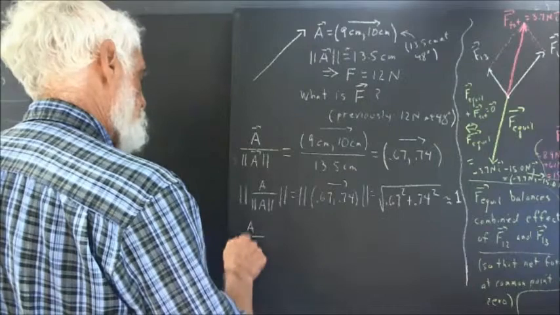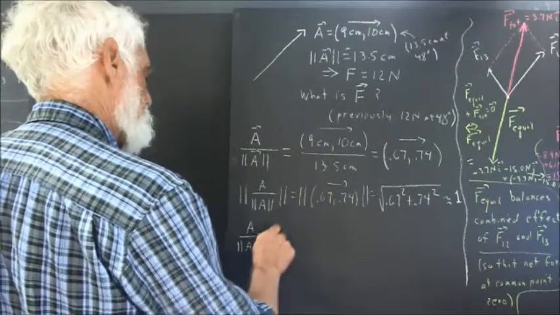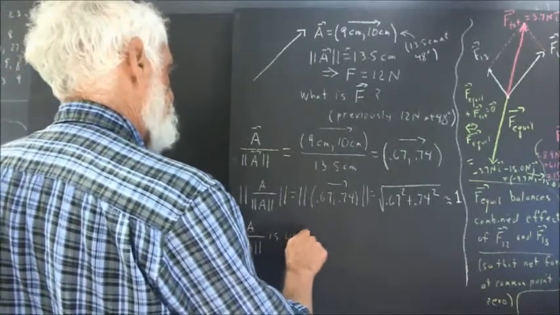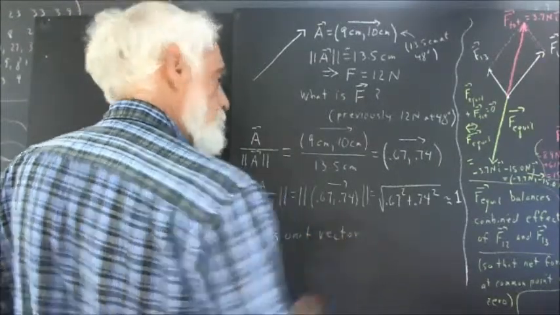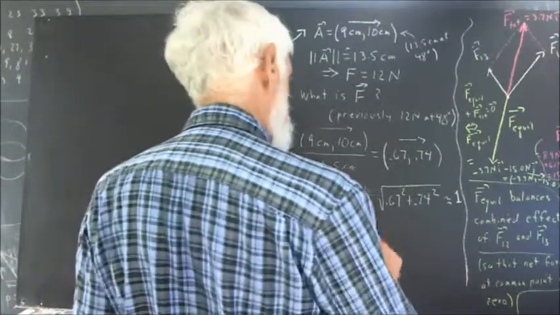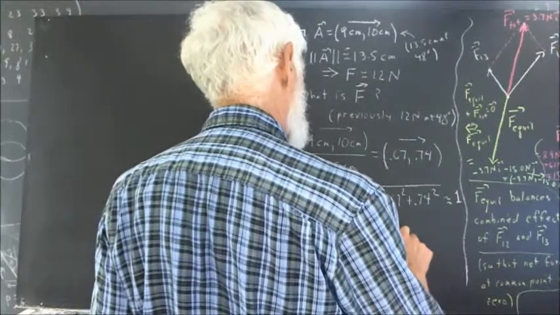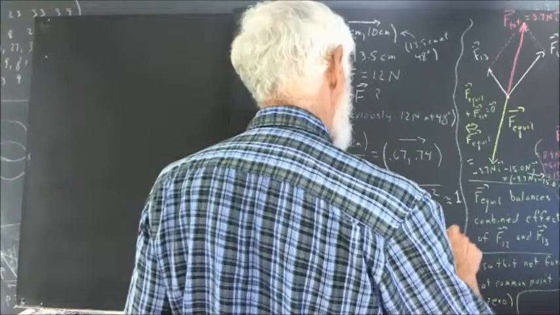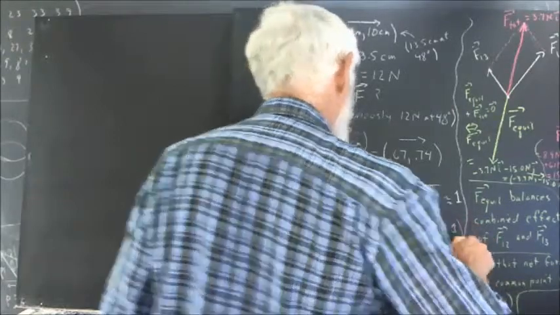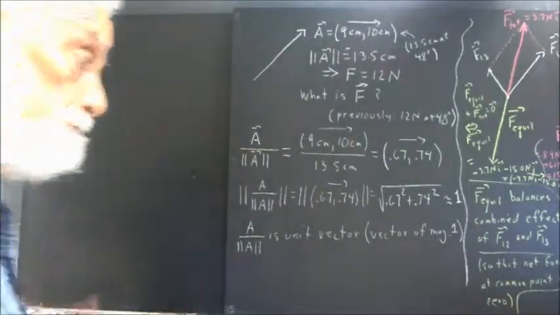A over the magnitude of A is a unit vector, which is a vector of magnitude 1. No units.